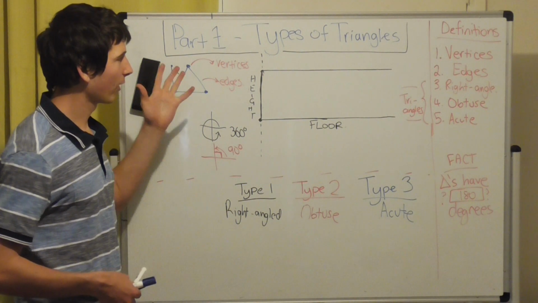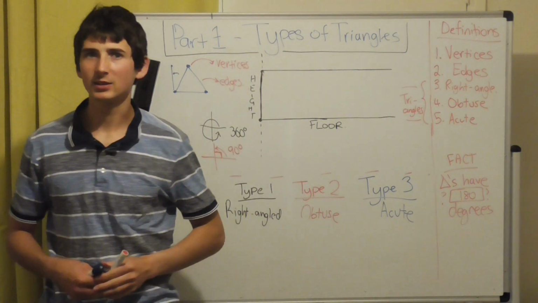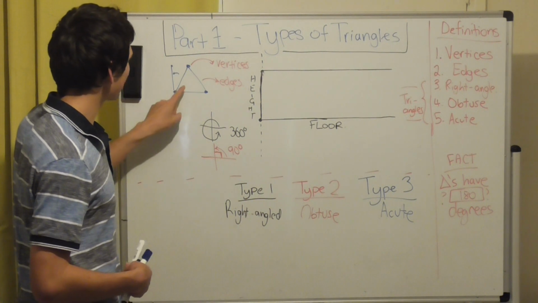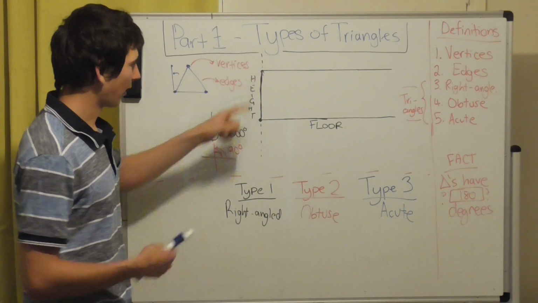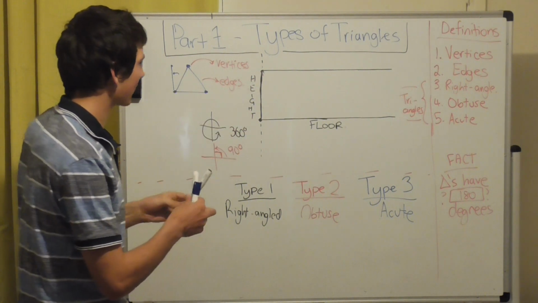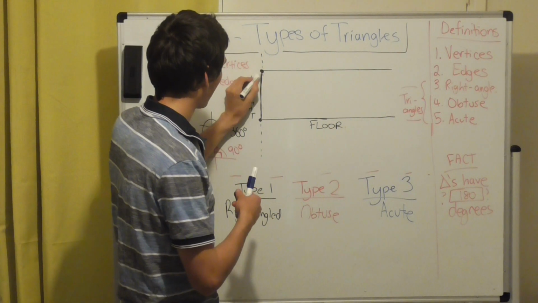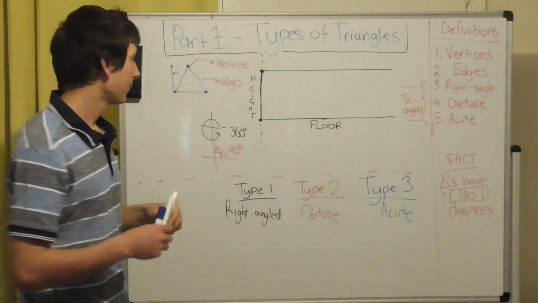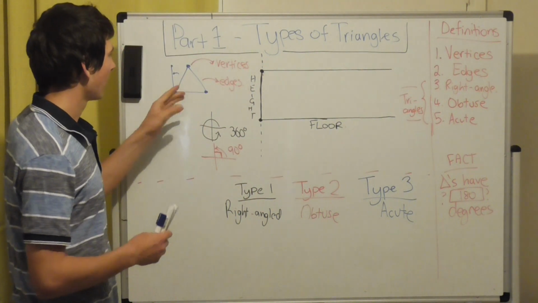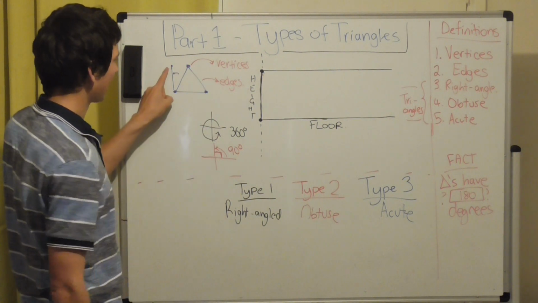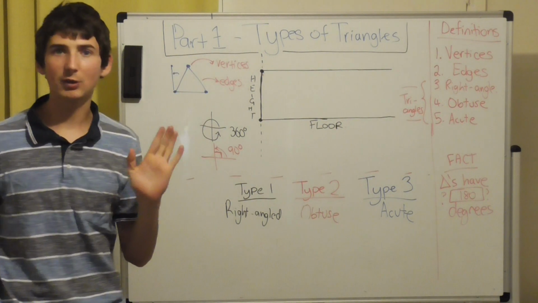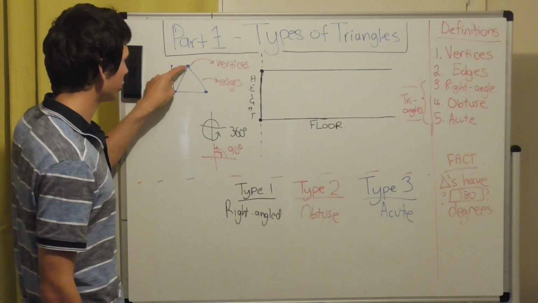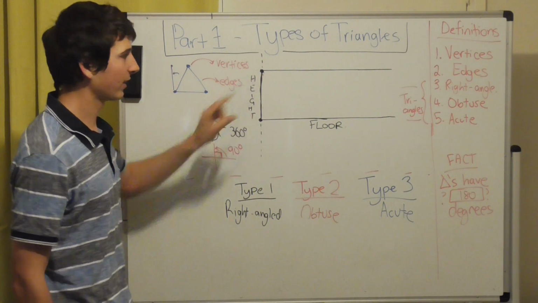So, if we're going to talk about the different types of triangles, we better decide how we make a triangle. Now, over here, what I've looked at is I've got a triangle, but I also have a triangle here that I'm going to make. And I've already drawn in an edge and two vertices. Because if you look at this triangle here, if I tilt it until it goes completely straight up the wall, I can make it so that this edge is exactly like this one over here.